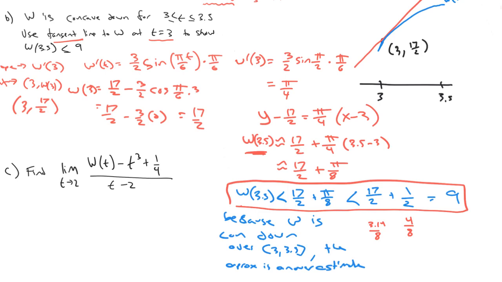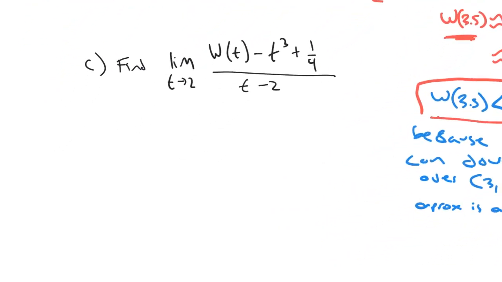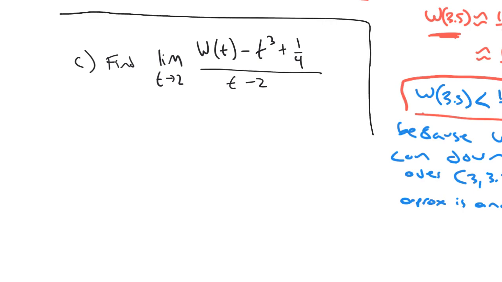All right, finally the third part. Let's zoom in here. Finding the limit as t approaches 2 of W of t minus t cubed plus 1/4 over t minus 2. So we've got to evaluate this limit, and first we know t is approaching 2, so we're supposed to use the function W as t approaches 2, and if we go back, that would mean we're using the top part of the function.